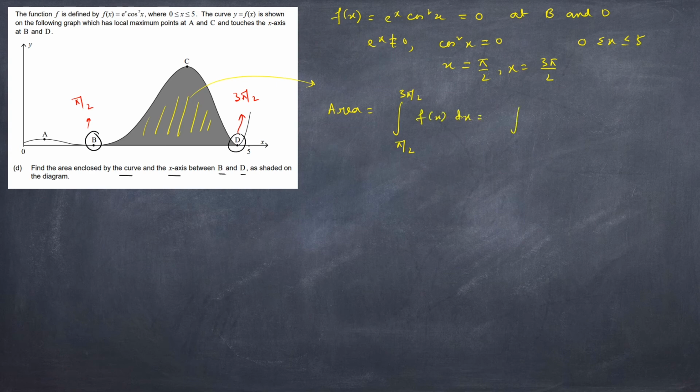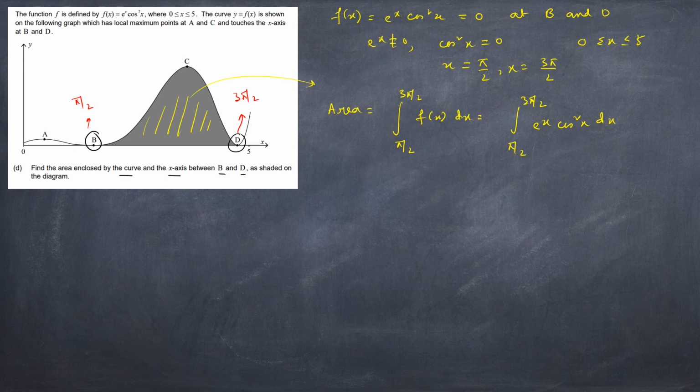So we can write integration from pi by 2 to 3 pi by 2, the value of f(x) is e to the power x cos square x dx. So we have already determined this integral in the second problem of this question. So we will just use that.